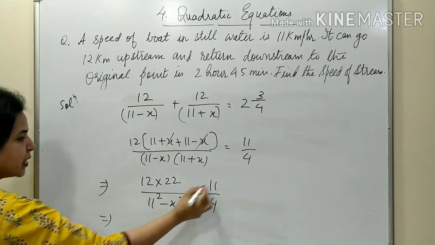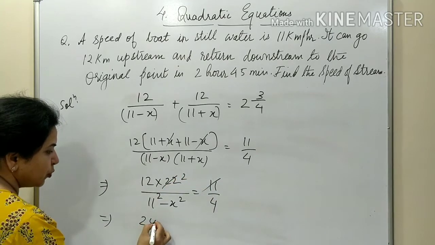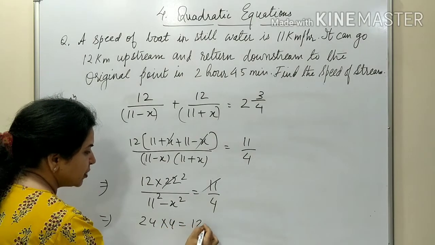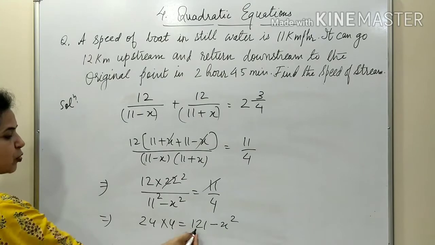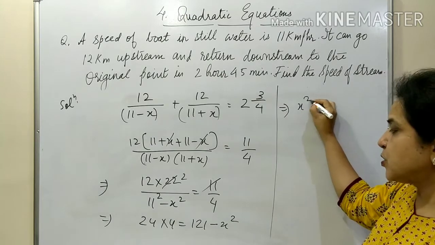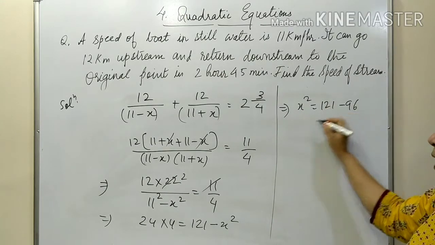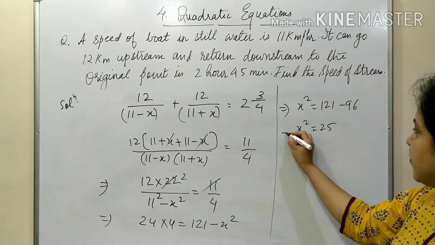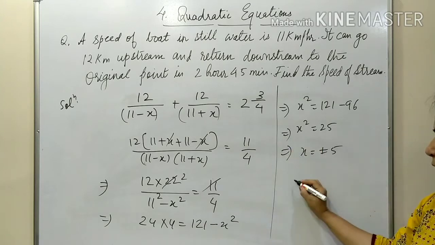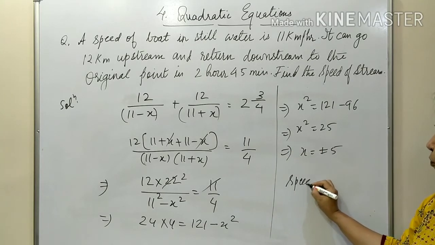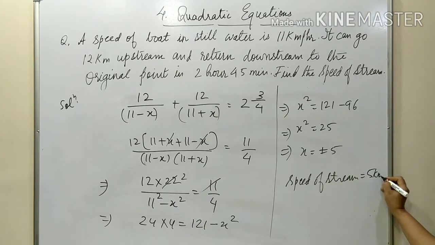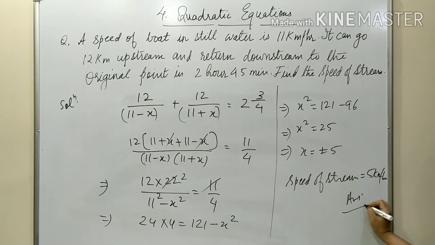So this implies, 11 twos are 22, 24 into 4, by cross multiplication, 11 square minus x square, so 121 minus x square. Simplifying this, x square equals 121 minus 96. So x square equals 25 and hence x equals plus minus 5. Neglecting the negative value, the speed of the stream is 5 km per hour. This is the answer.